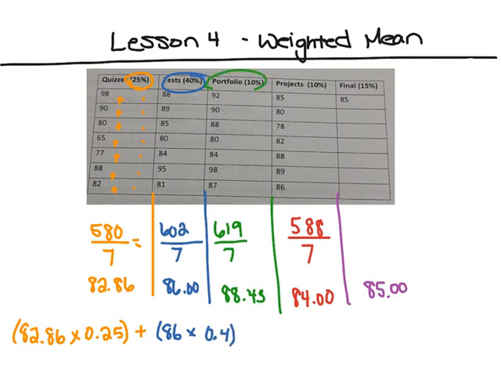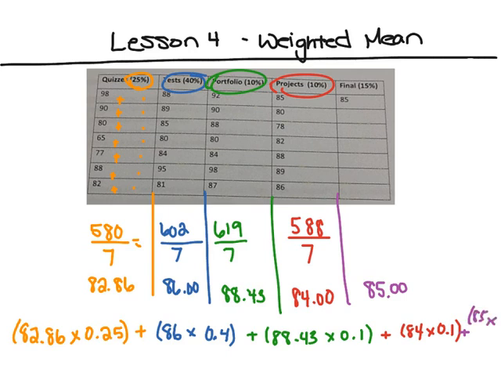Portfolios are worth 10%, so we take 88.43 and multiply it by 0.1. Projects are also at 10%, so you take 84 and multiply it by 0.1. And lastly, you take 85 and multiply it by 0.15. I ran out of room. So there's each section multiplied by how much it's worth.